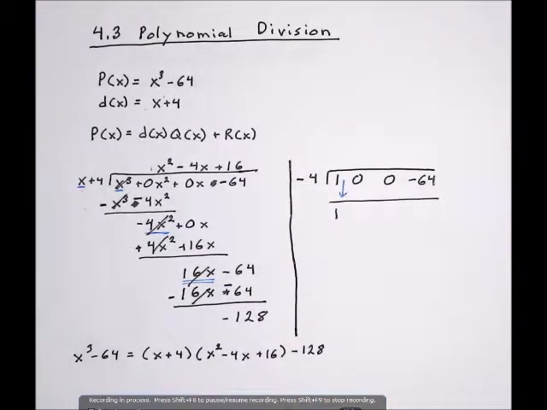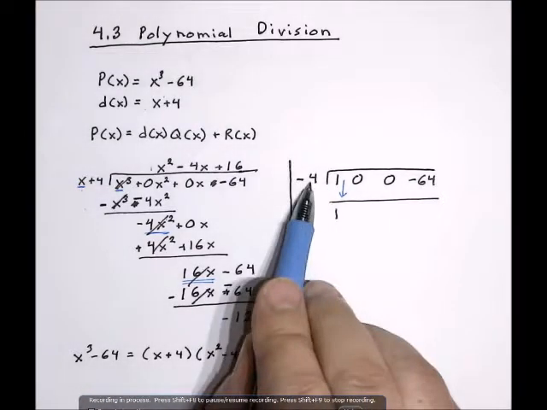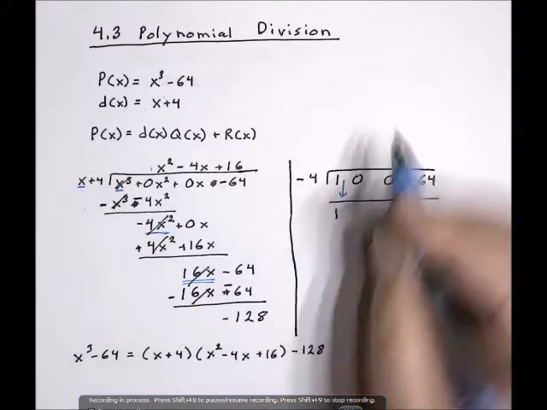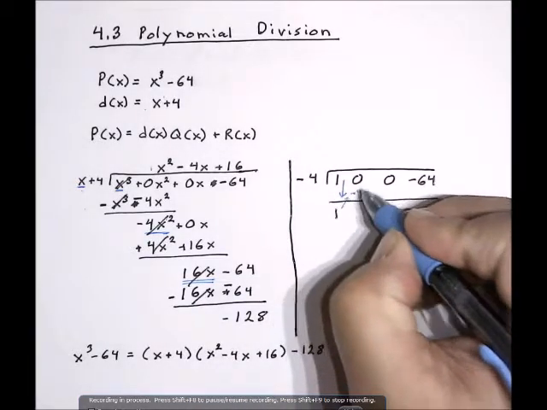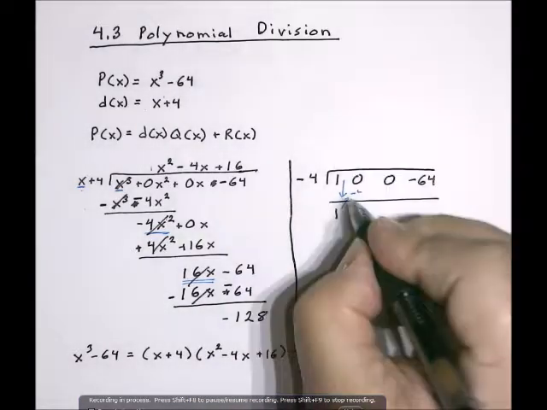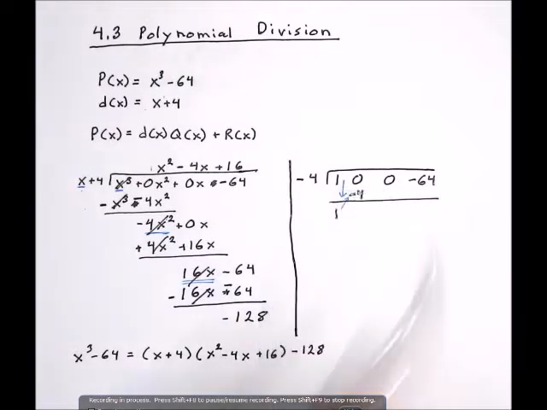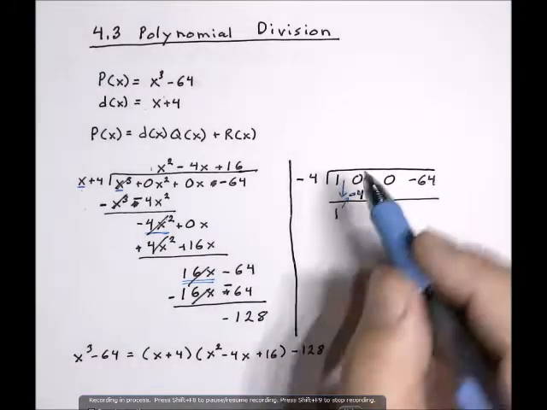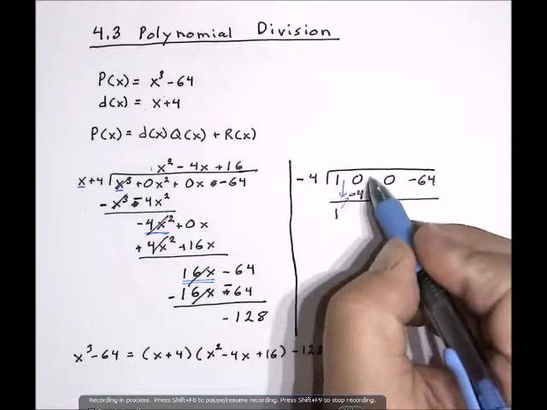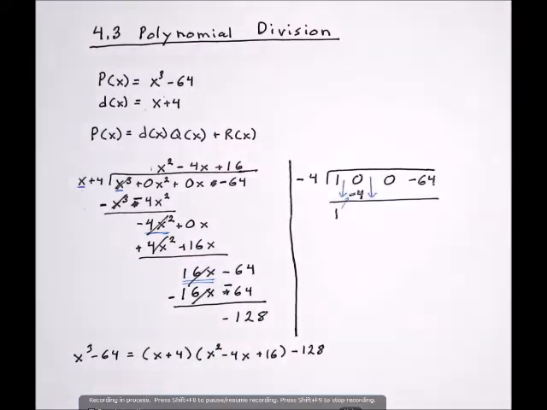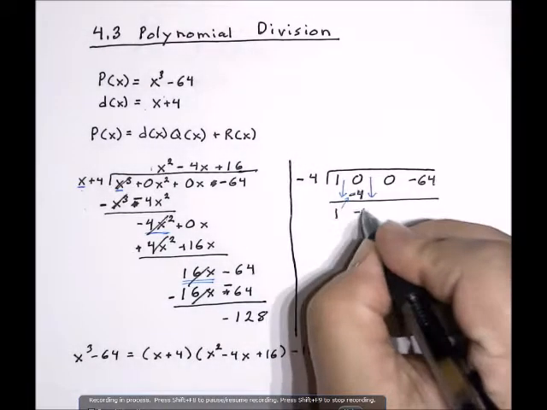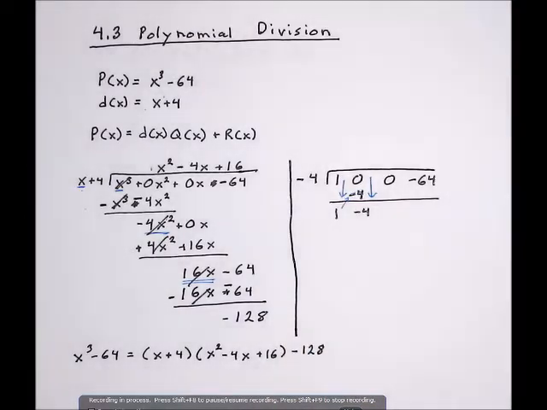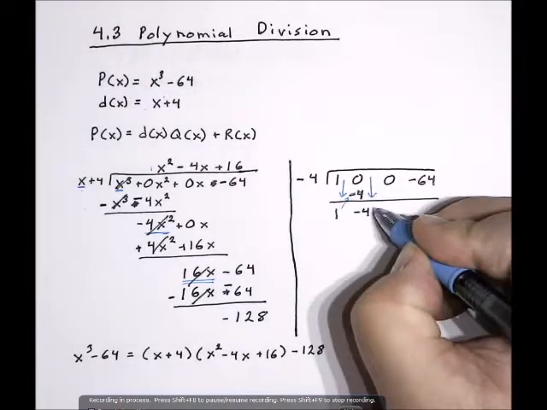Then I multiply it by whatever's here. So 1 times negative 4 is negative 4, and I put it up here. Then I add these together and bring them down. Next thing I do is multiply negative 4 times the negative 4 and put it back up here.